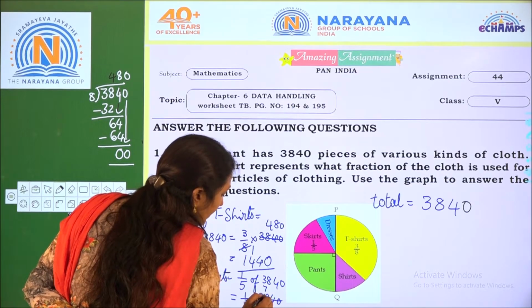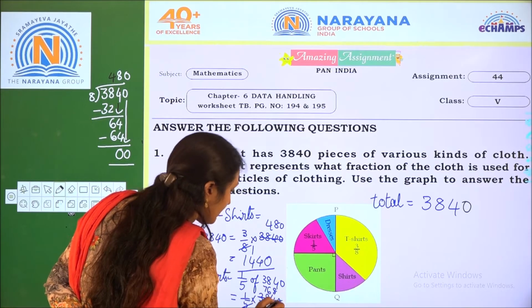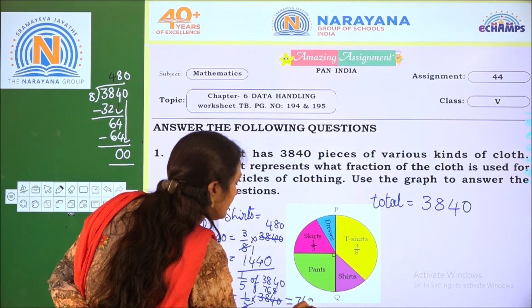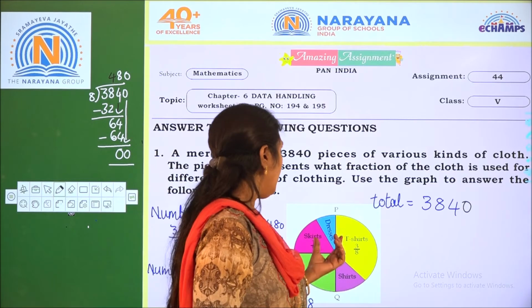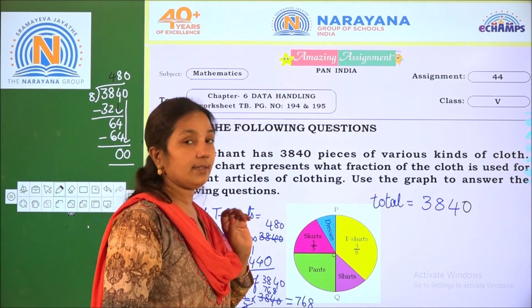Divide. 768. So I calculated the given fractions for skirts and t-shirts.